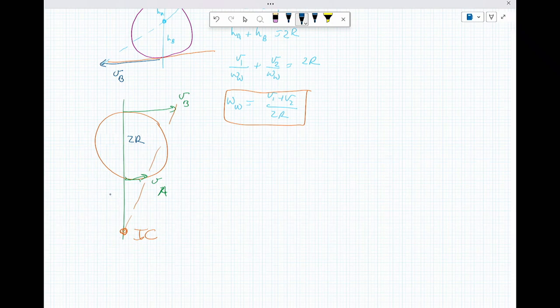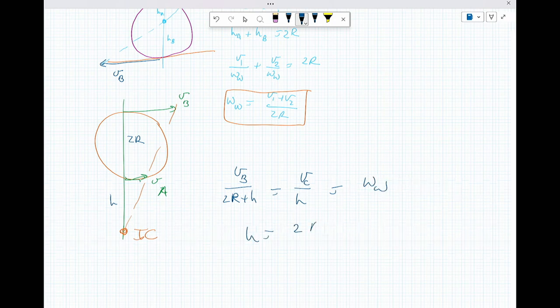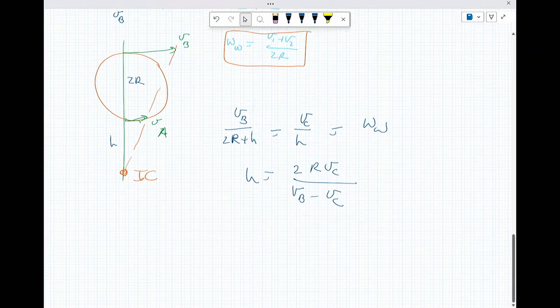And in that case, you kind of say, okay, I've got 2R for this. I have H to here, VB over 2R plus H is equal to VC over H, which equals omega of the wheel. H is equal to 2R VC over VB minus VC.